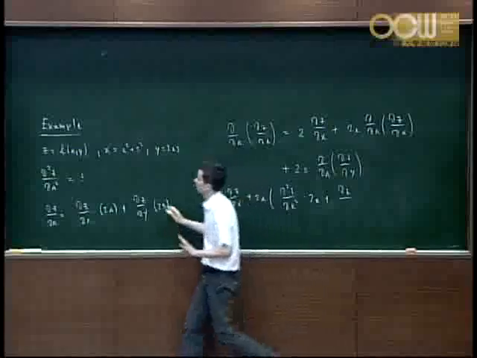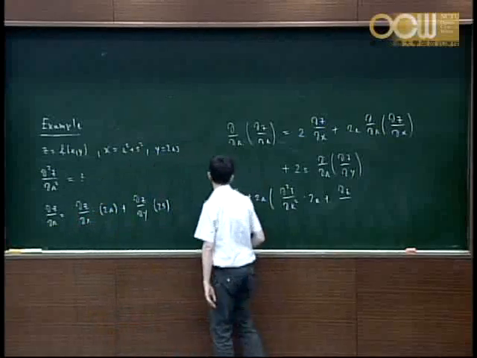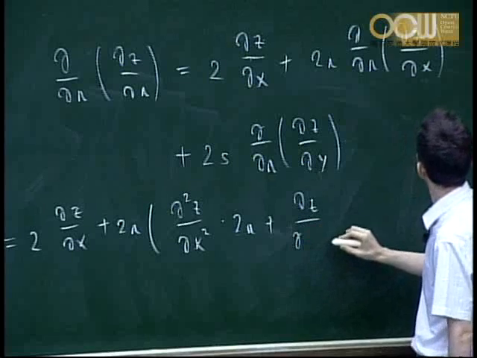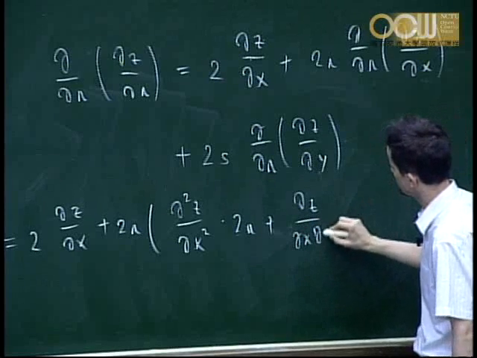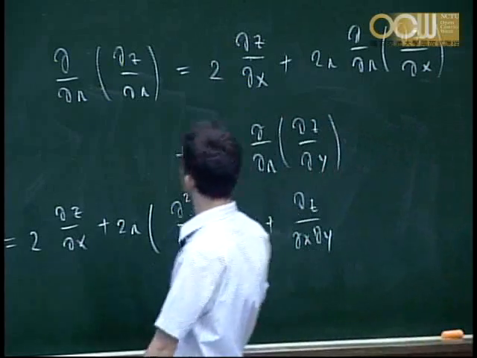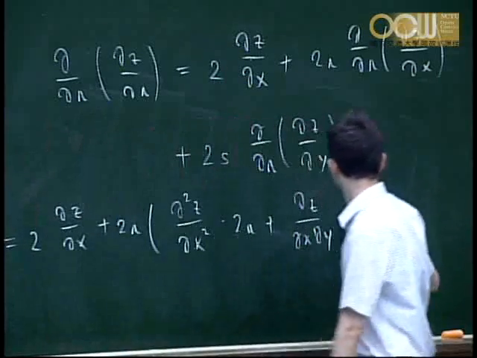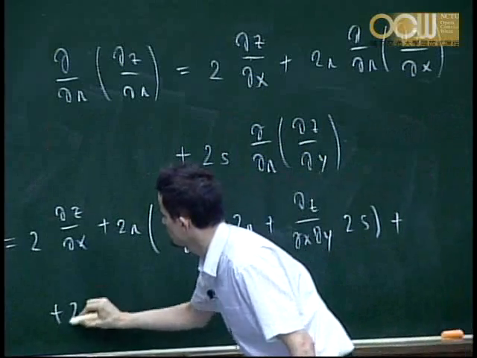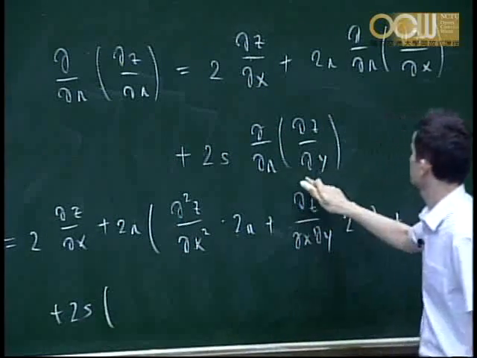Under certain assumptions for f, the order does not play any role. So I write here partial derivative of x, partial derivative of y, and then the partial derivative of y with respect to r, which is 2s, plus, and then we also have here plus 2s.